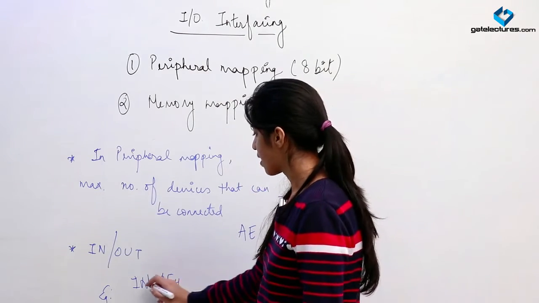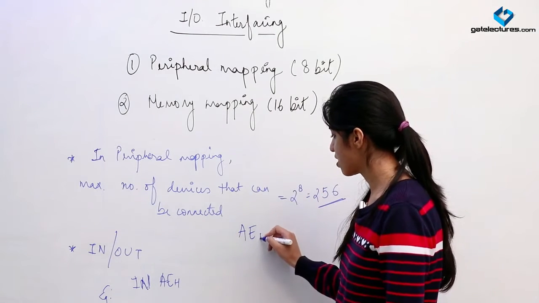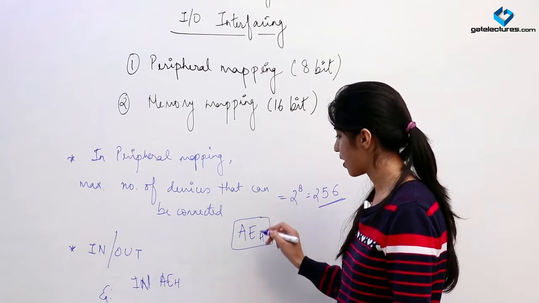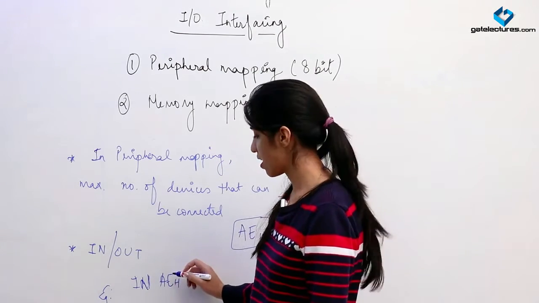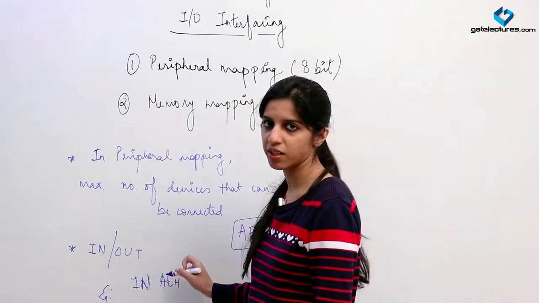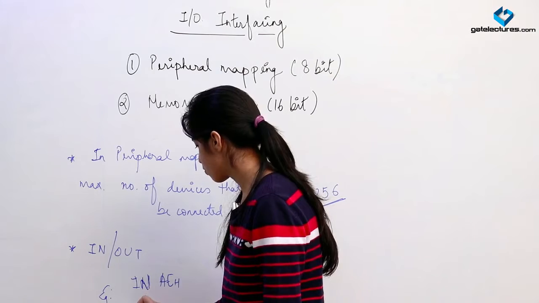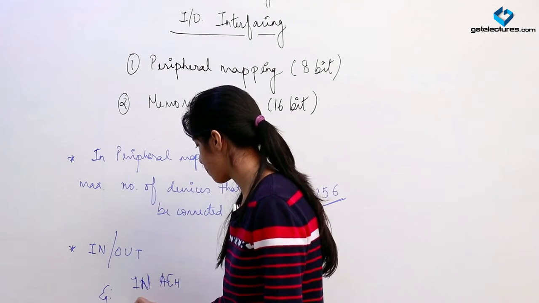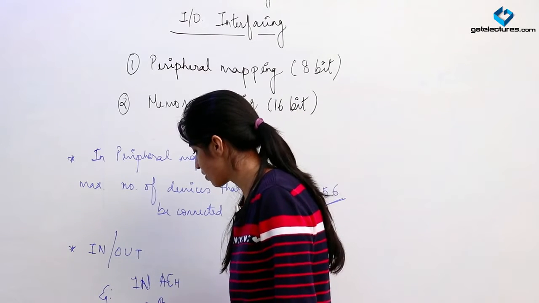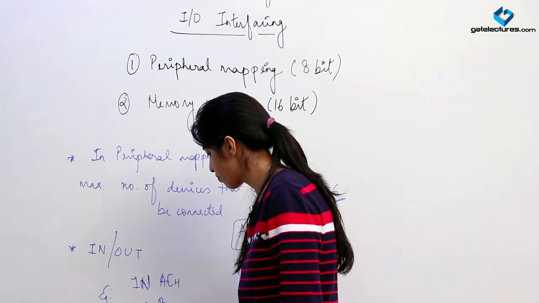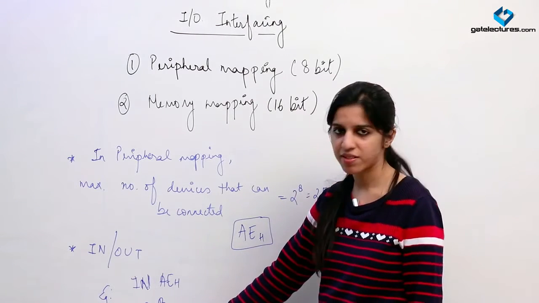What happens is, any data can be input from the device connected at address AE. Suppose we have connected a keyboard at this location AE, so whatever data you input through the keyboard will come inside the microprocessor. Then suppose you perform some operation on it, ADD B. Then we give the instruction OUT CF, and we have connected a display screen at CF.